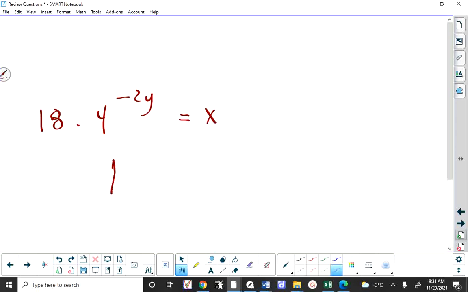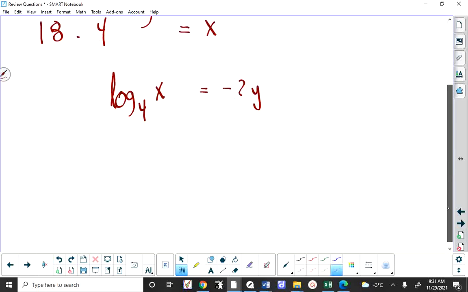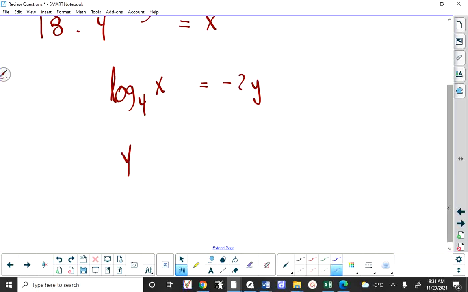This would be written as the base 4 logarithm of x is equal to negative 2y, and now we're getting somewhere. Now I can rearrange this for y and say y is equal to negative 1/2 multiplied by log base 4 of x. I'm dividing by negative 2, so rather than just write over negative 2, I think it would be better to write negative 1 over 2.